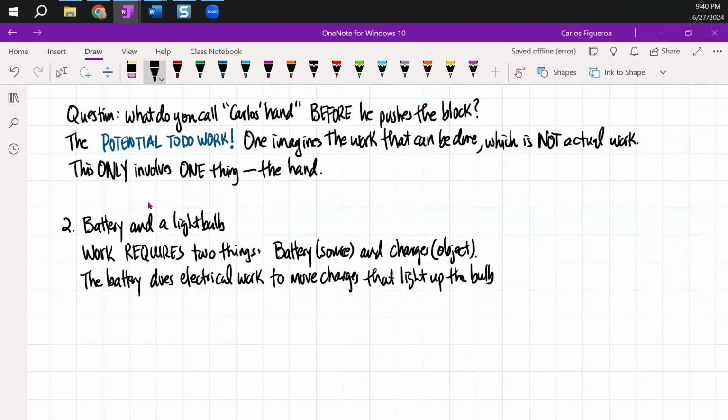So now if I have a battery, you could imagine here that we have a standard battery. It's going to look something like this. And what you're going to find here is that the top here, that's the positive end, and the bottom here is the negative end. So now I have a light bulb.